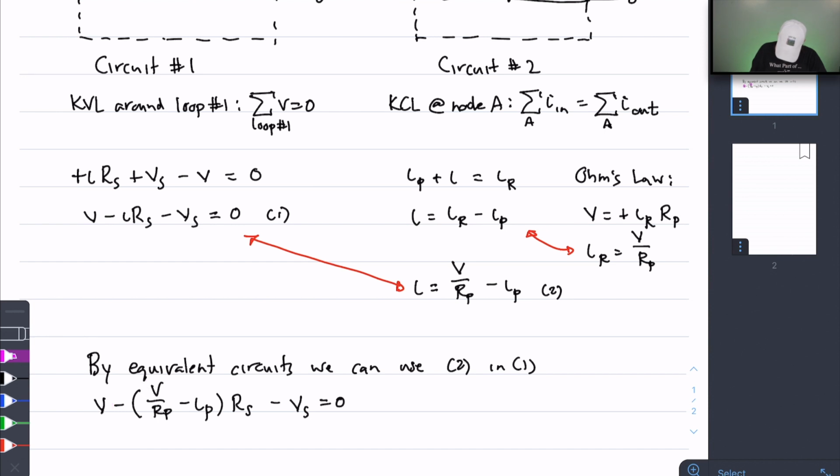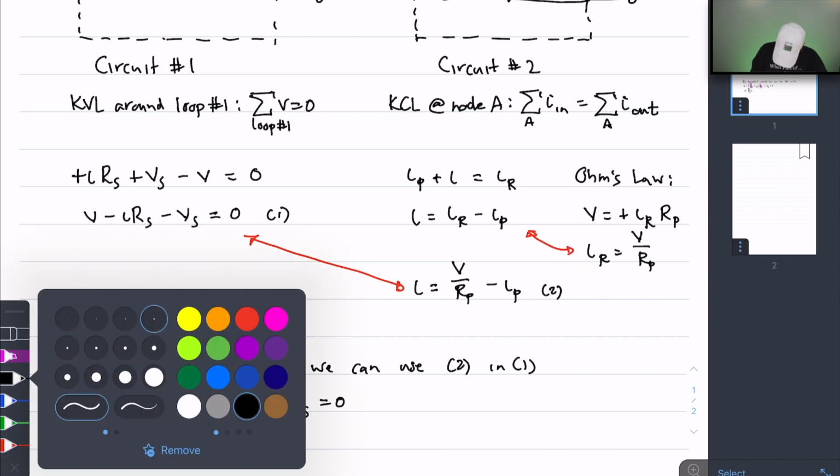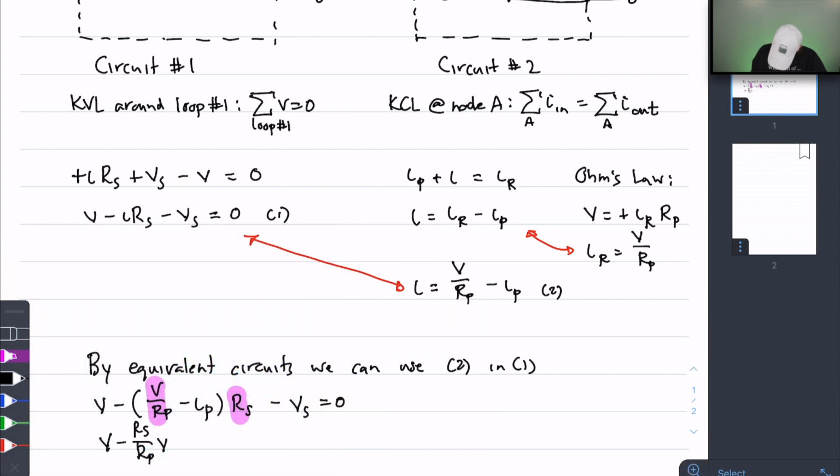And I can rewrite this equation as V minus R_S divided by R_P times V. So that's from this term times that. And then I have minus times minus gives me plus. I have plus I sub P times R sub S minus V sub S, and that's equal to 0.